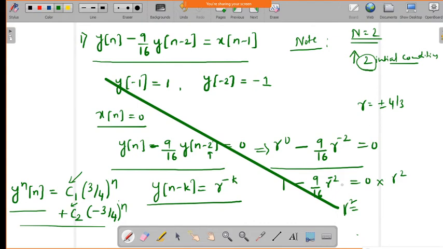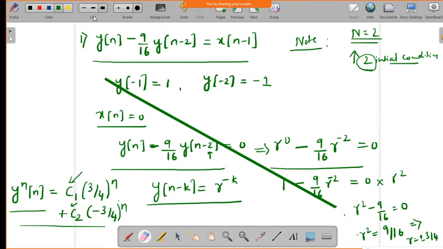It is equal to 9 by 16, and r equal to plus or minus 3 by 4. So whatever is written here is correct. Since I took it here and left out the minus sign, that's why it is coming 4 by 3. So the correct answer is 3 by 4 only. Okay.